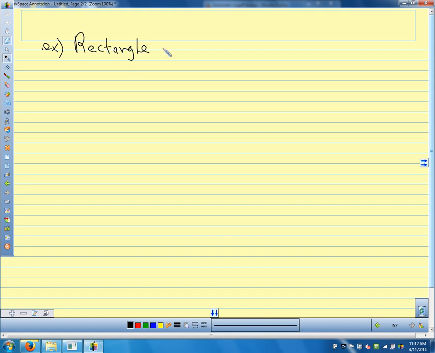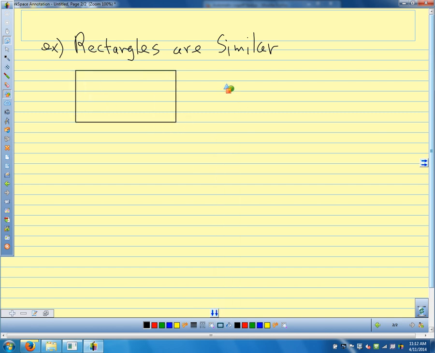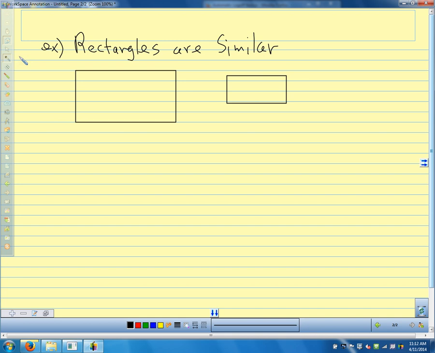So these rectangles are similar. So let's draw a couple of rectangles here. The problem tells us these are similar rectangles. So in this section, that's how we're going to start. And let's say this side is 8 millimeters and this side is 6 millimeters.